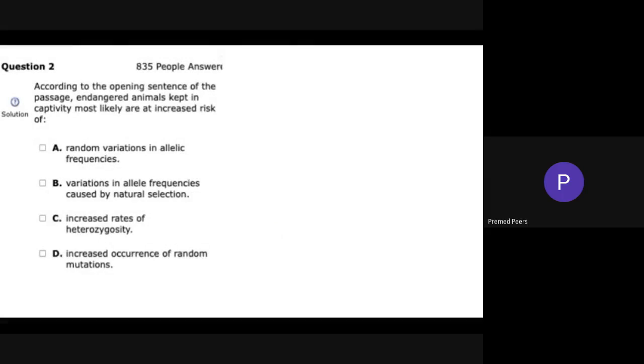According to the opening sentence of the passage, animals kept in captivity most likely are at increased risk of what? Random variations in allelic frequencies, variations in allelic frequencies caused by natural selection, increased rates of heterozygosity, or increased occurrence of random mutations.